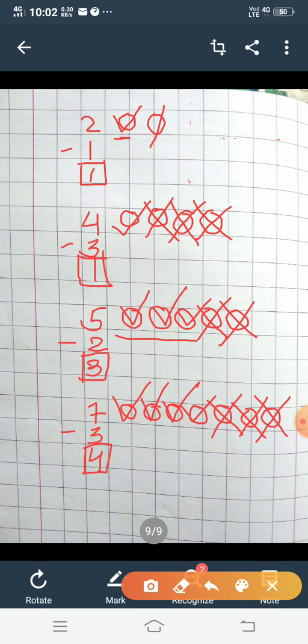Let's see other examples. 6 minus 2. Then 9 minus 4.